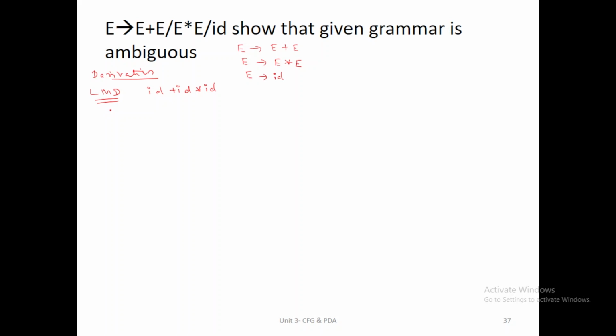Derivation means we should start from the starting symbol of the grammar, which is E. Then this E can be replaced with either the first production or the second production. Here I am taking the first production, so E will be replaced as E plus E. Then for the first E, the first symbol of our assumed input string should be id, so this E will be replaced as id.